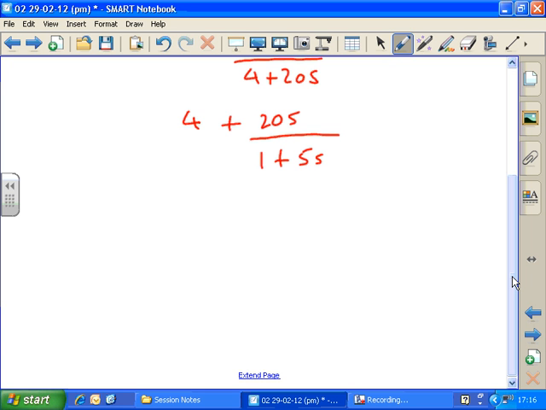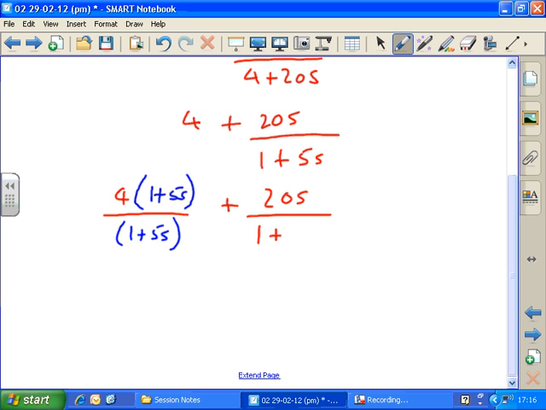So what I do is I write 4 times 1 plus 5s over 1 plus 5s plus 20s over 1 plus 5s. I've multiplied top and bottom by 1 plus 5s to do exactly what you suggested, Gemma, which is to make the denominators the same.